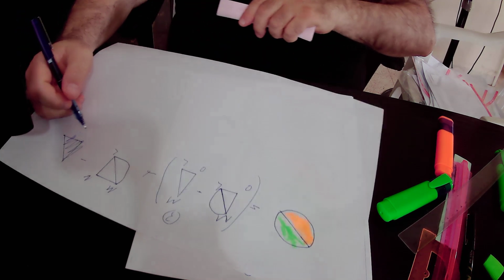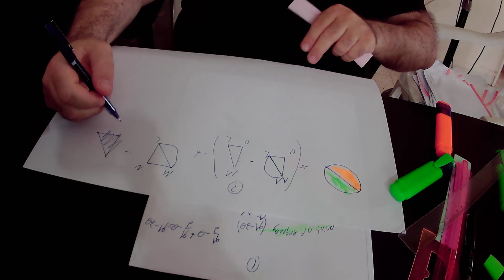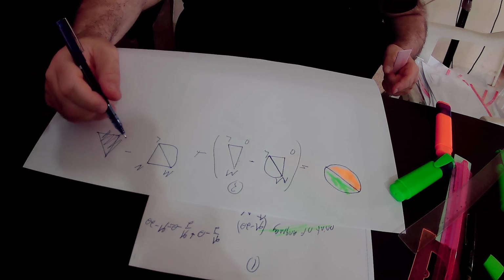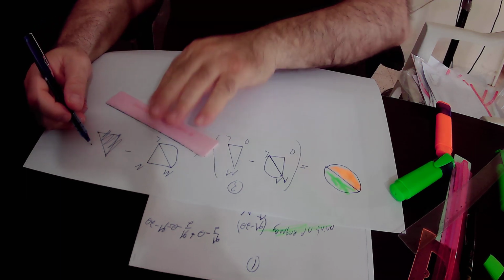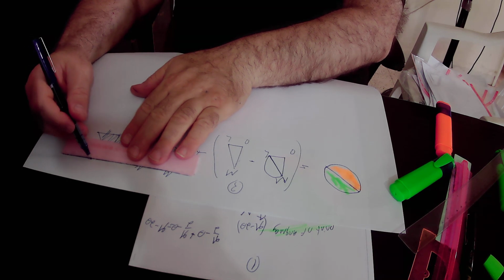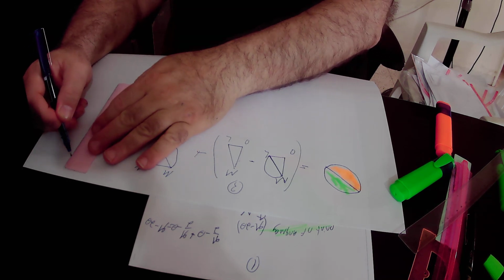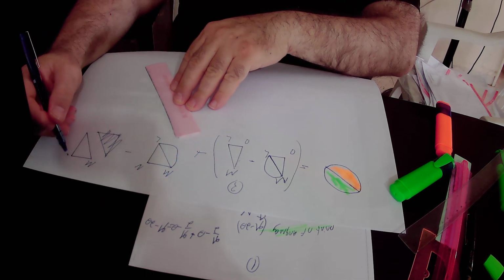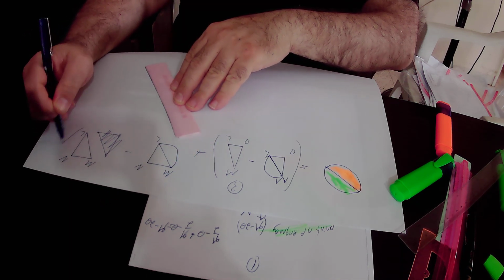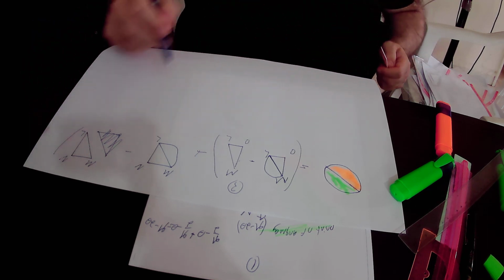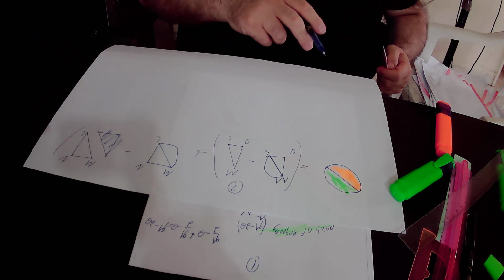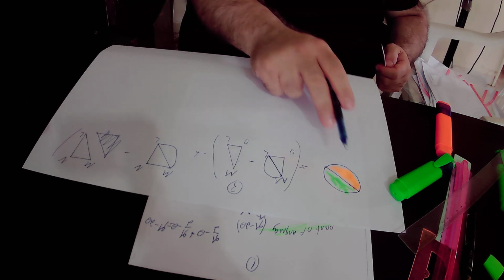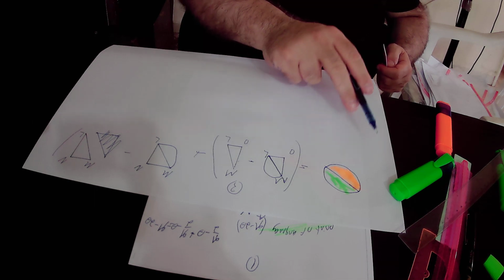Triangle MNL, this is triangle MNL. I repeat again that the area of this lens equals the sum of the areas of the two circular segments.